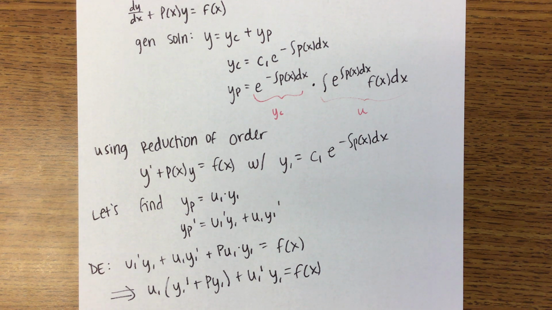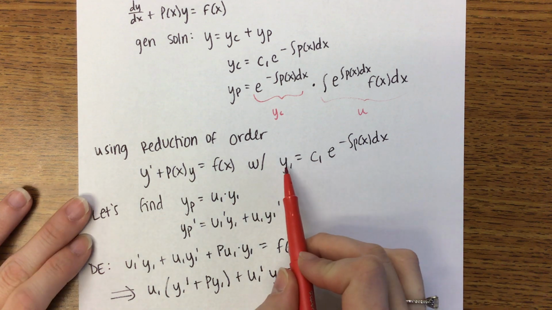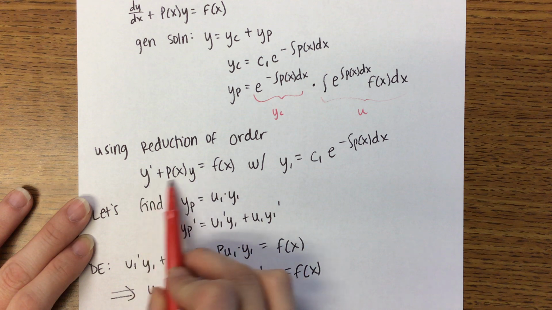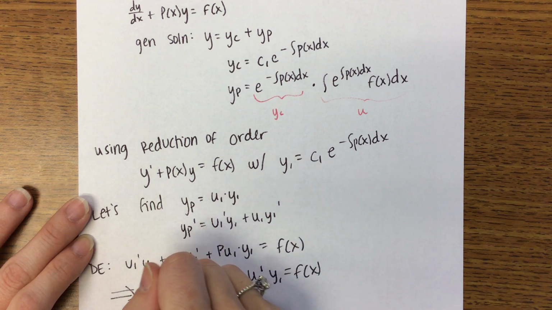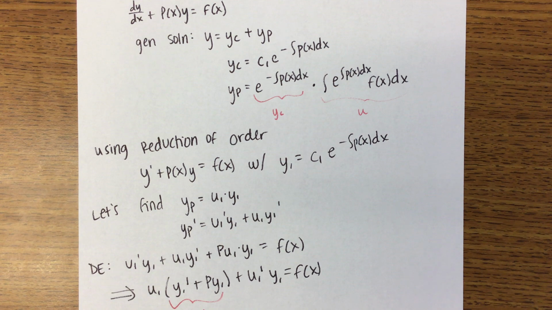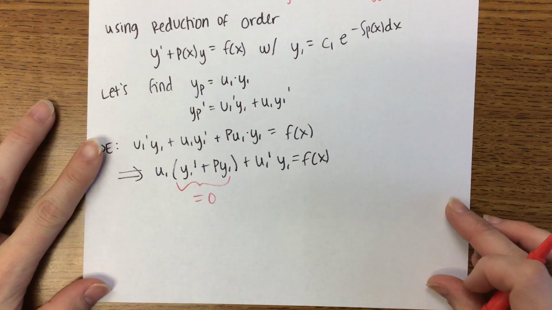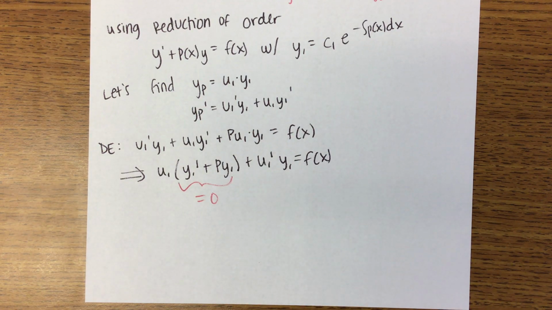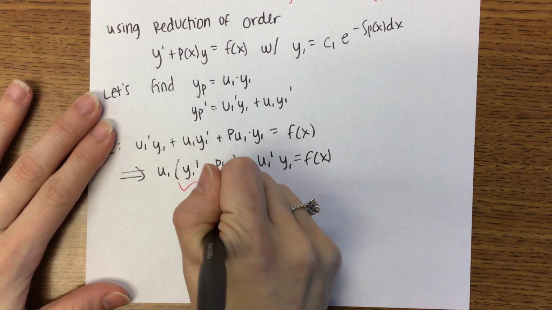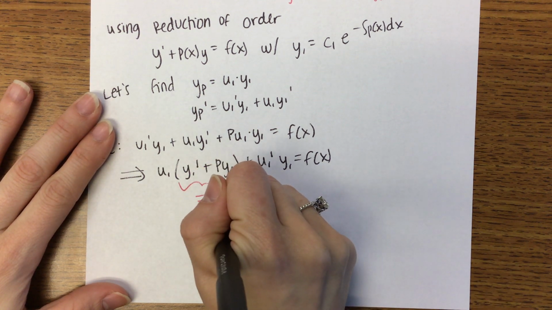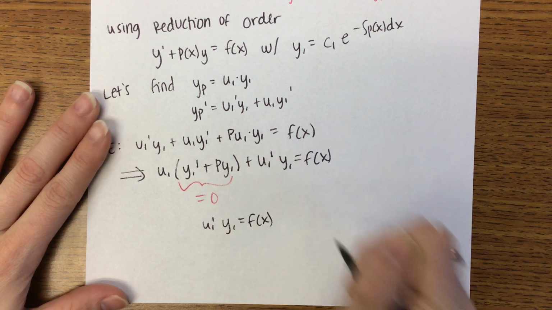Now if you remember, your complementary solution is the solution to the homogeneous differential equation. So if you plug it in here, you get 0 because it's homogeneous. This is equal to 0. You all follow me so far? What we get is u1 prime times y1 is equal to f of x.